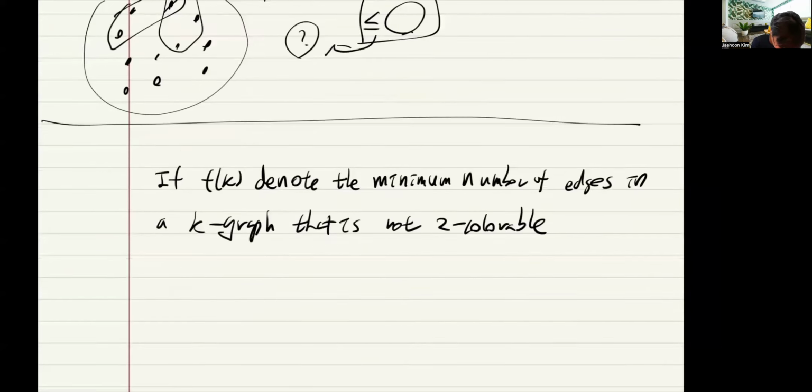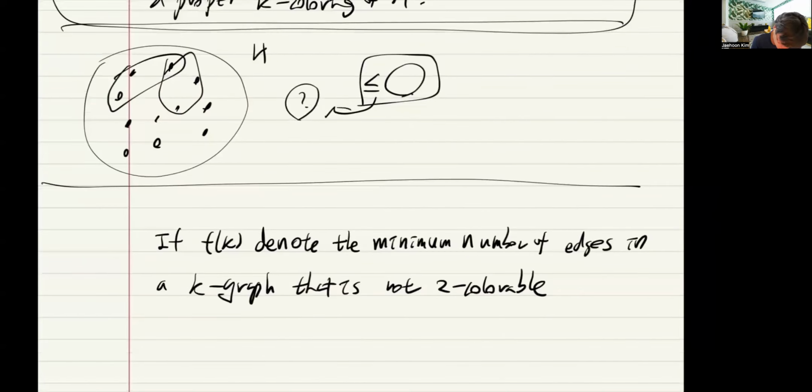So what would it be? That's a natural question. In the simplest case we consider two-colorability: if you are under a certain number of edges, you are always two-colorable, and if you are over that, then there is a non-two-colorable one.